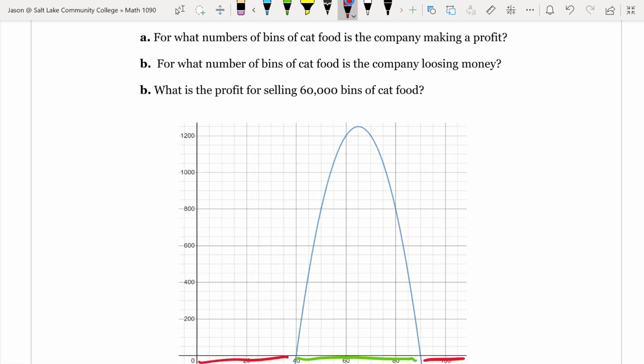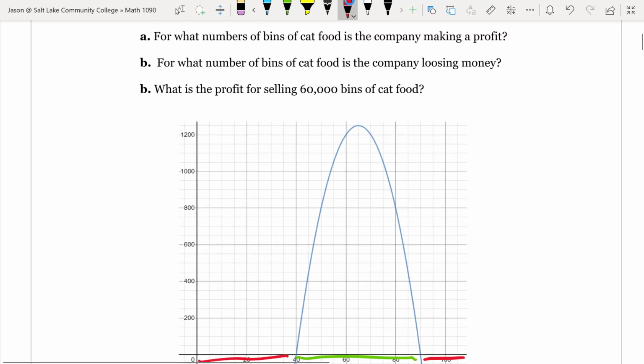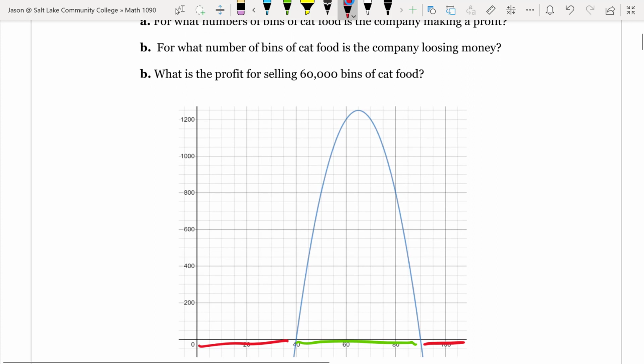So let's see here. For what numbers of bins of cat food is the company making a profit? So kind of covered over the numbers, but let's see. It looks to me like this would be 40,000, and over here would be 90,000.